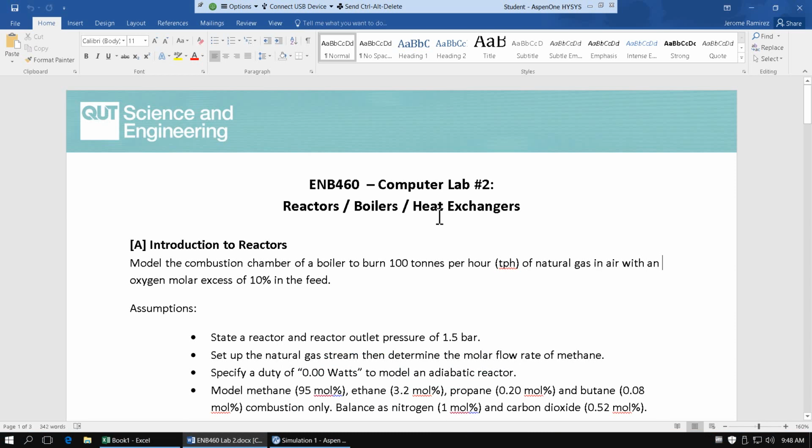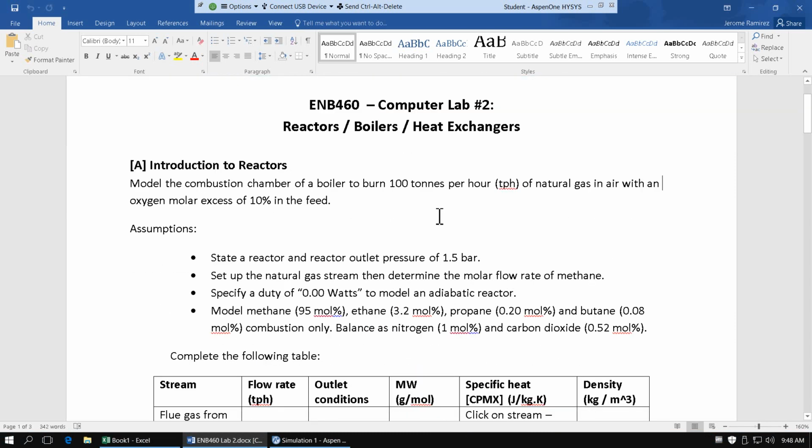So this week's lab is reactors, boilers, and heat exchangers. We'll model the combustion chamber of a boiler to burn 100 tons per hour of natural gas in air with an oxygen molar excess of 10% in the feed.